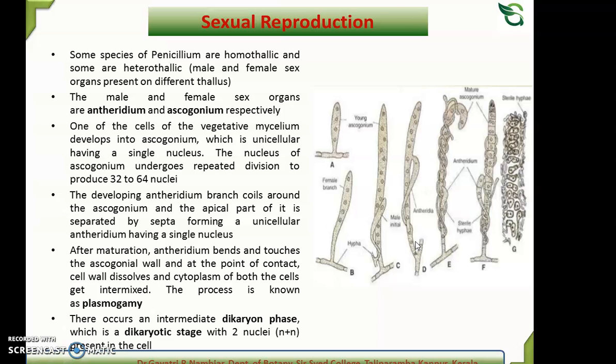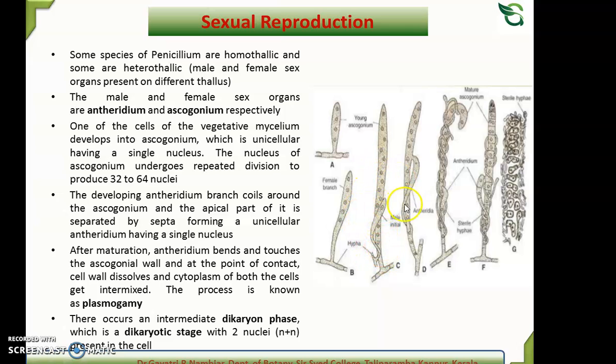And the developing antheridium branch coils around the ascogonium, and the apical part of it is separated by a septum, forming a unicellular antheridium having a single nucleus. So by the time the ascogonium develops, the antheridium also develops, and its apical cell is separated by septum formation. So antheridium is uninucleate, whereas ascogonium is multinucleate.